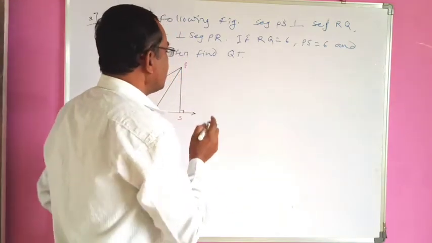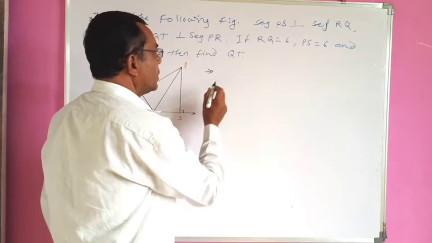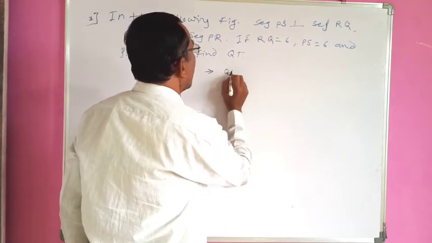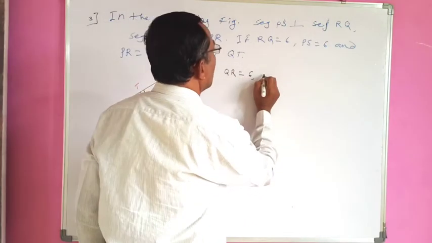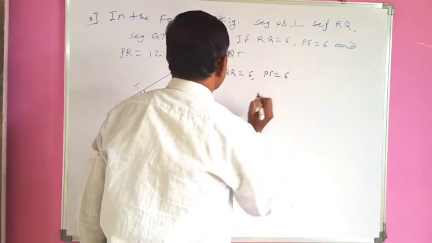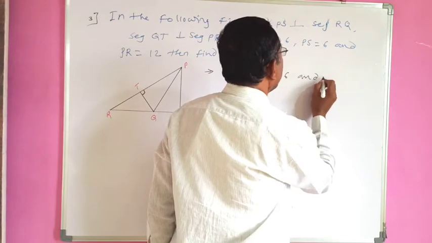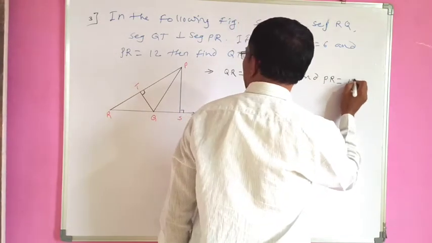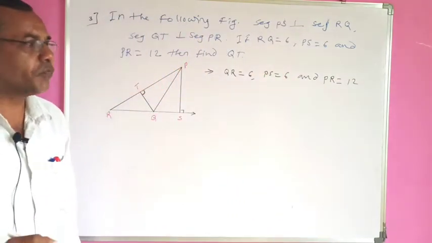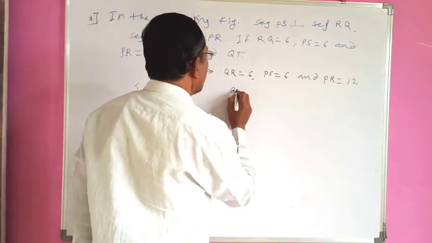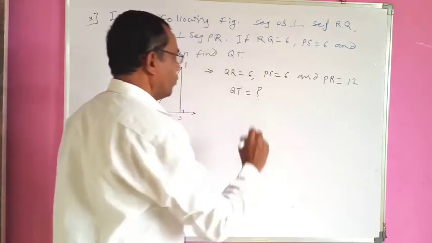We will write what is given: QR or RQ is equal to 6, PS is equal to 6 and PR is equal to 12, and we have to find QT here. I will write QT is equal to question mark.